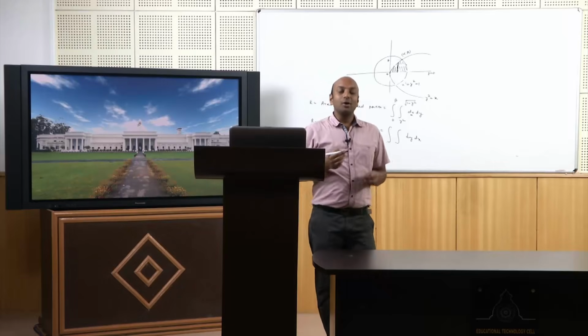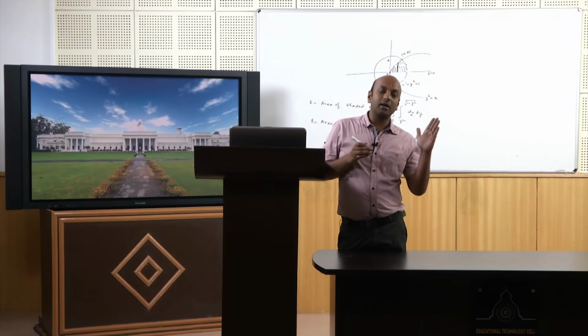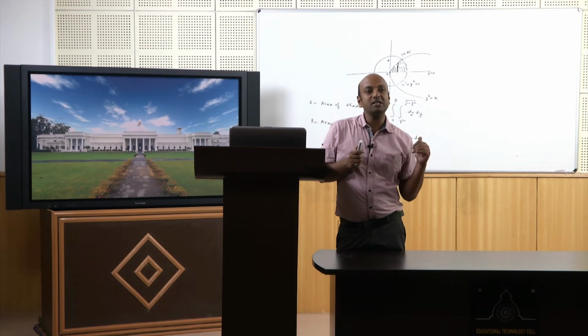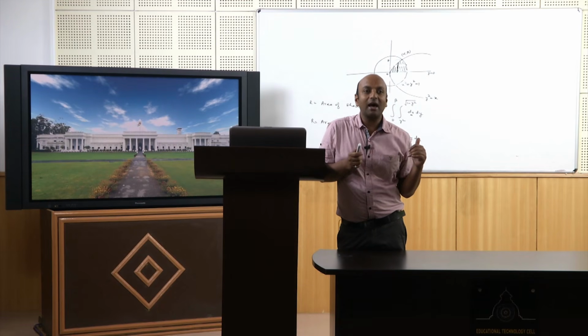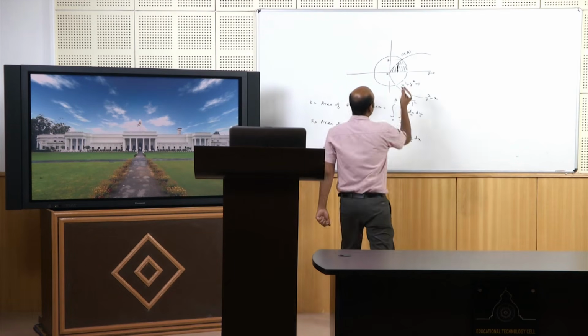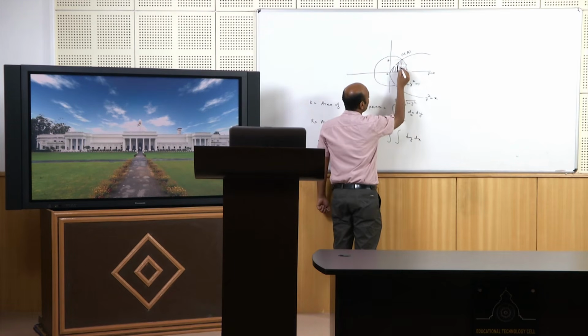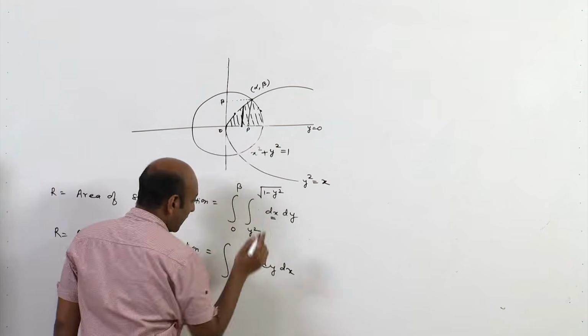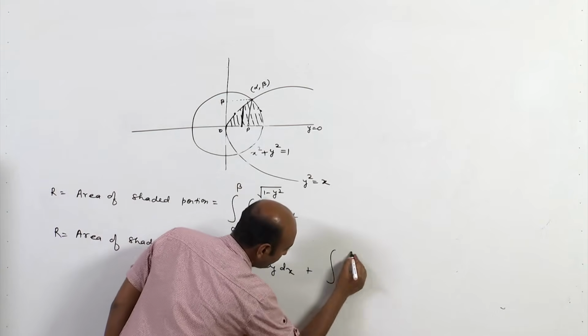That means, when we move this strip on the shaded region, the lower and the upper limits are changing. So, we have to split the region. From this intersection point, if you draw a line perpendicular to the x axis, from O to P, you have to divide this region into two.